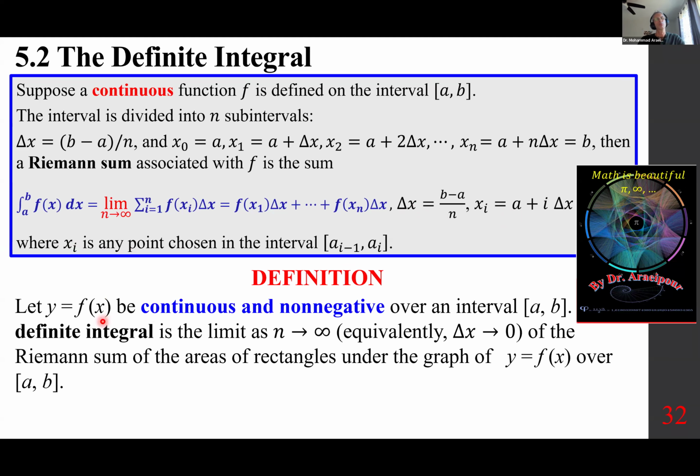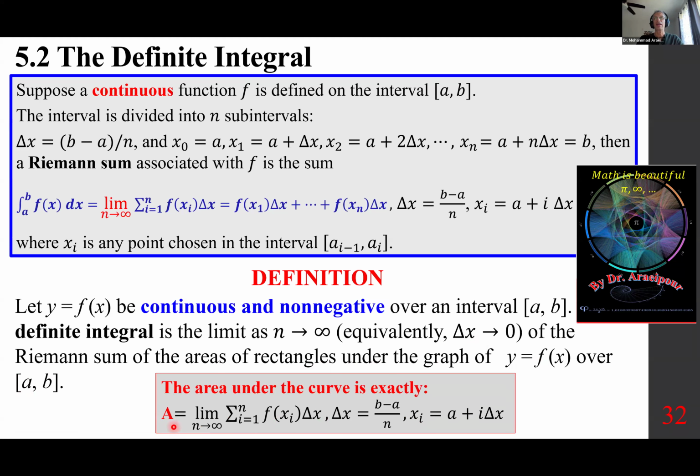Let y equals f of x be a continuous and non-negative function over the interval from a to b. The definite integral, which is a number, is the limit as n goes to infinity, equivalently as delta x goes to 0, of the Riemann sum of the areas of rectangles under the graph of y equals f of x over the closed interval from a to b.